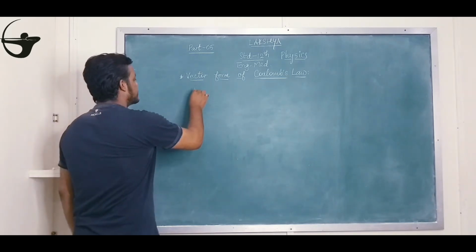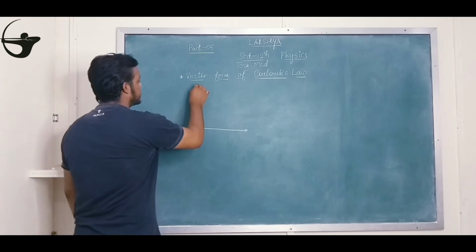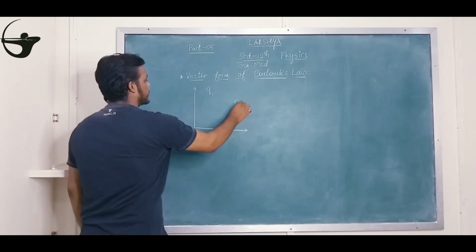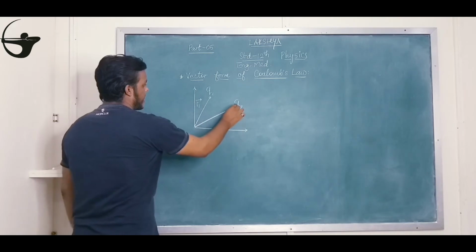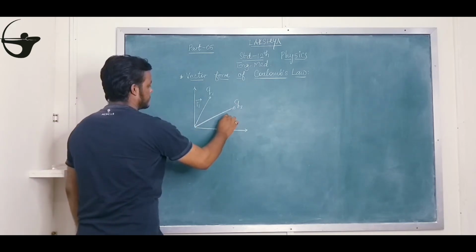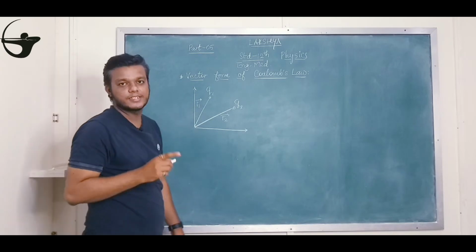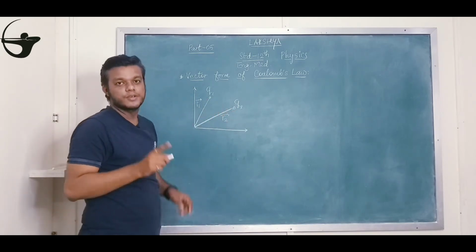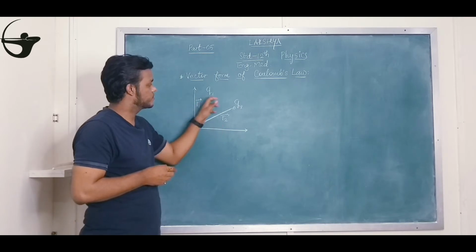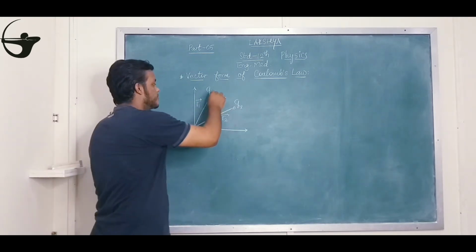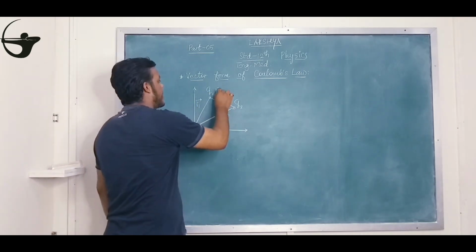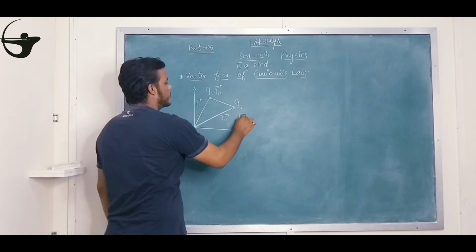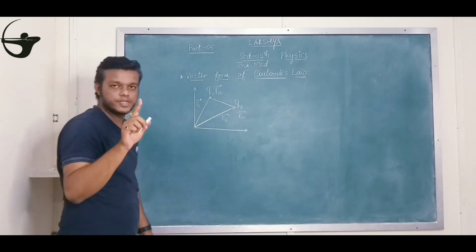Suppose we consider a system having two different charges q1 and q2, having their position vectors as r1 bar and r2 bar. If you want to find the force between these two charges, you have to consider the position vectors of those two charges. Now the distance between q1 and q2 will be r12 bar or r21 bar, which depends on the reference.